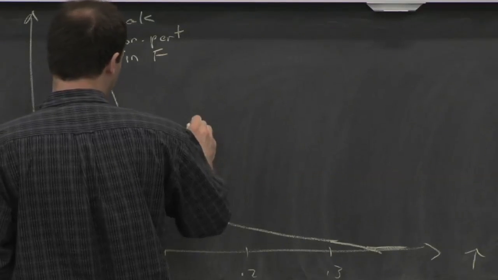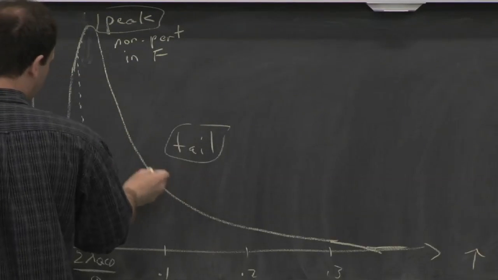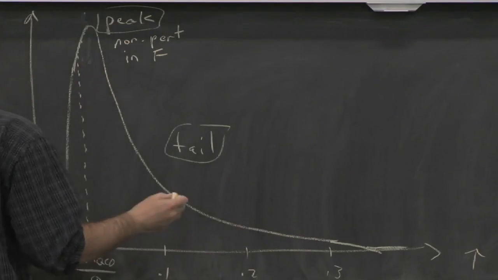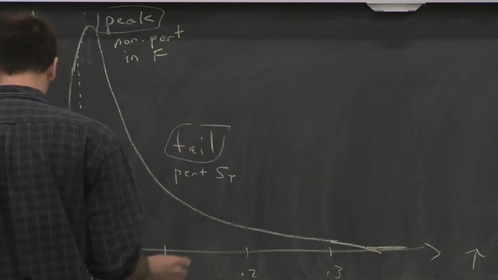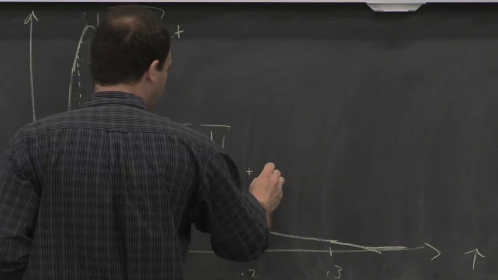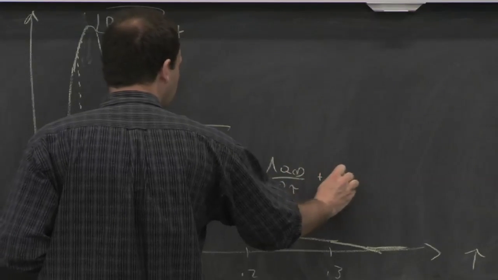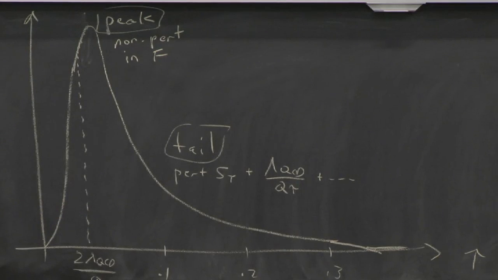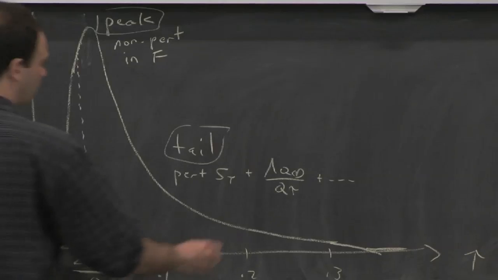It could be called the shoulder, but once you're out here and down here, this is what you call the tail, where you have a perturbative S of tau, and then you would include power corrections by expanding. And the expansion would give you lambda QCD over the soft scale, which is Q tau.